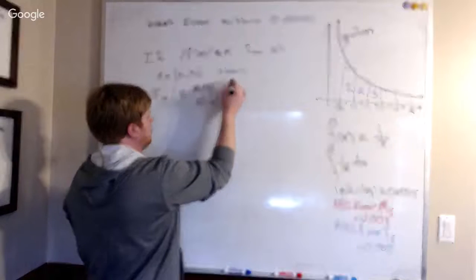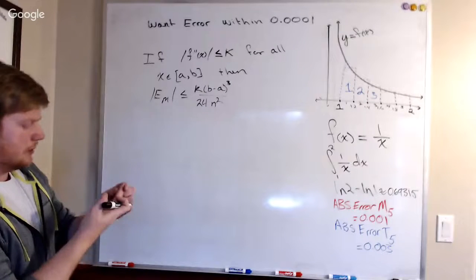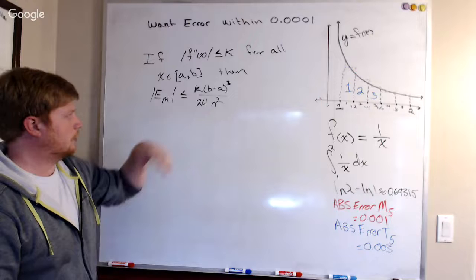Oh, sorry, this is cubed. K times b minus a cubed over 24n squared.